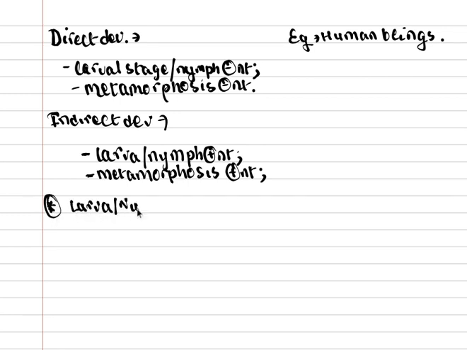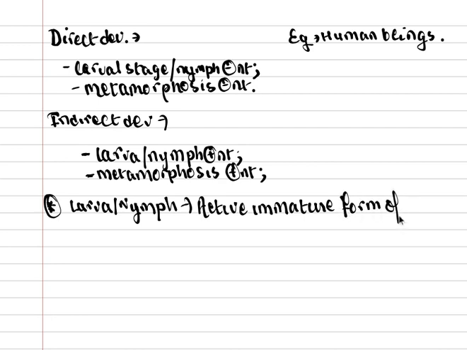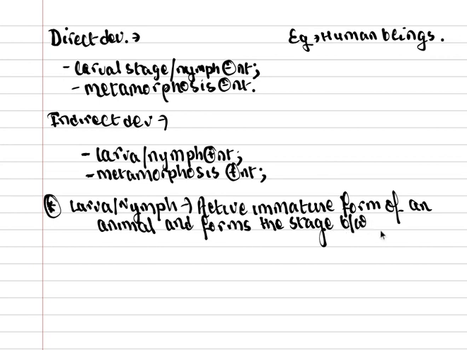Larva or nymph is the active, meaning alive, immature form of an animal and forms the stage between egg, meaning zygote, and adult.